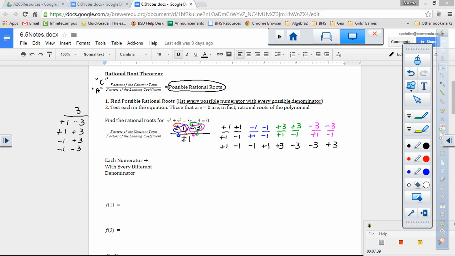So you will notice that regardless of whether it's positive divided by a negative or negative divided by a positive, it's going to still result in -1, right? So we can just write that -1 one time.